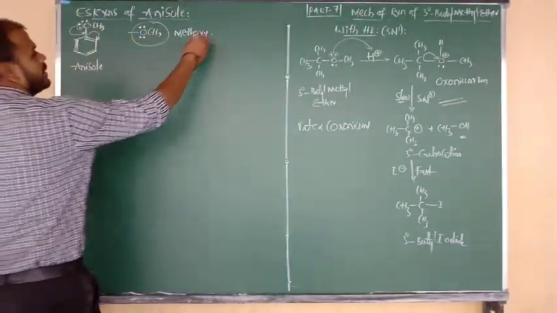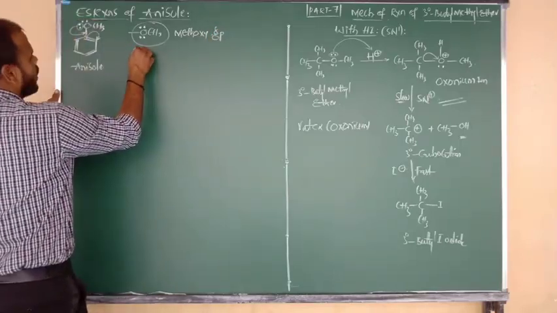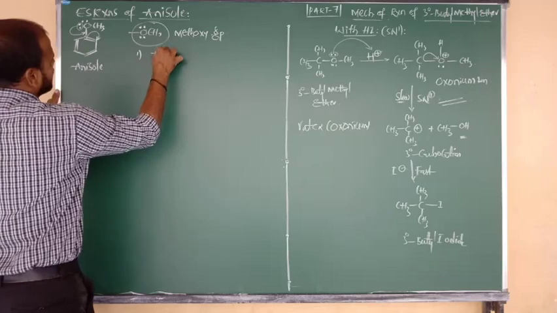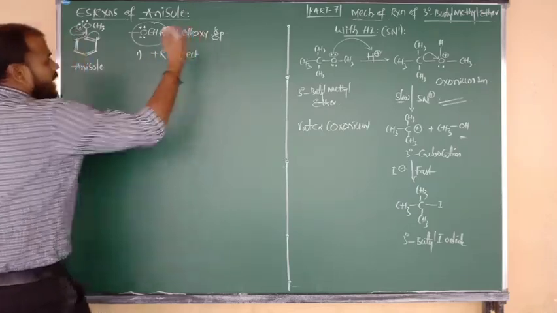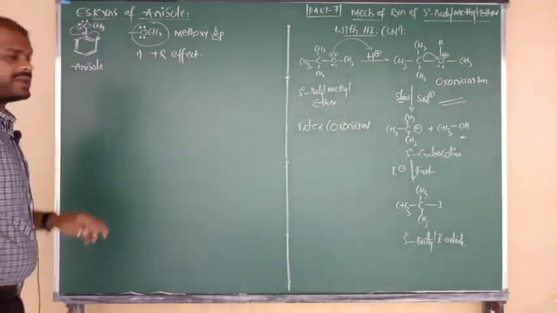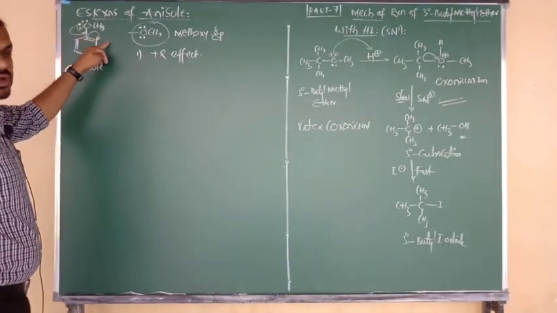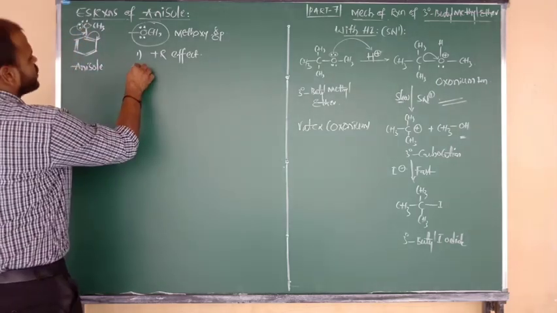One is that the methoxy group exhibits the plus R effect, nothing but positive resonance effect. And one more is, by the donation of lone pairs and the continuous delocalization of the lone pair with pi bond conjugation, this is called the mesomeric effect.